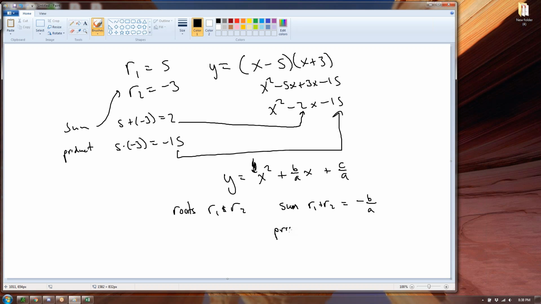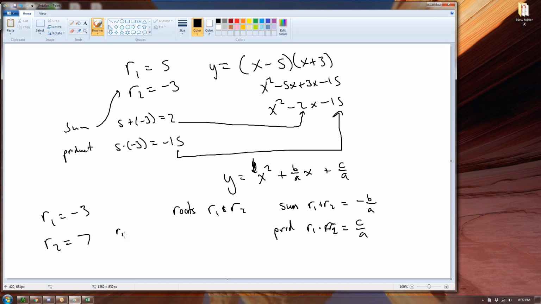If you take their product, root 1 times root 2, that gives you c over a. That's just a really quick way of figuring out the equation of a quadratic. So if your teacher said, hey, what if root 1 is negative 3 and root 2 is 7?